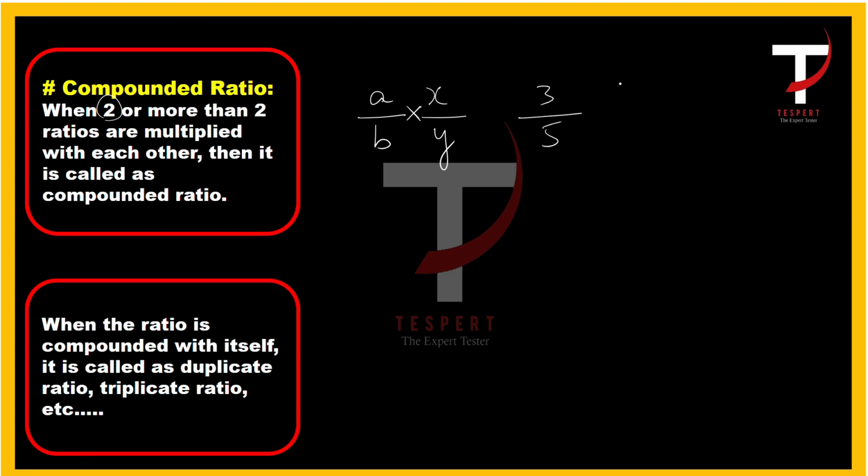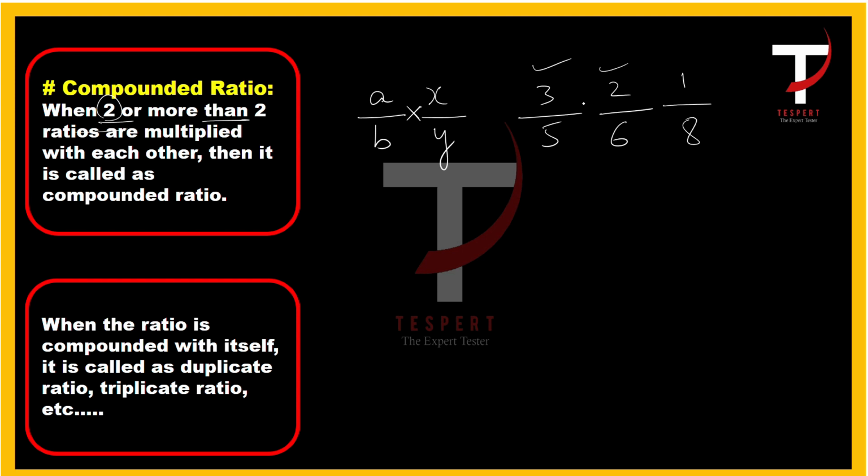Let's say we have 3 by 5 and 2 by 6. When two or more ratios are considered, here we are considering two ratios, because we must consider at least two ratios. We can also take one more ratio, 1 by 8, let's say.